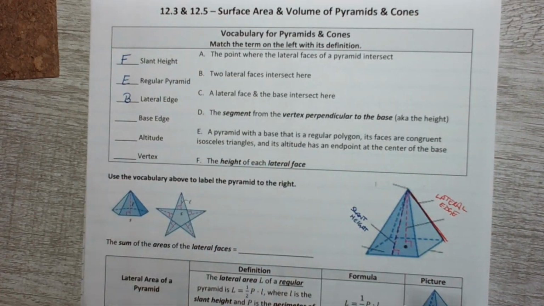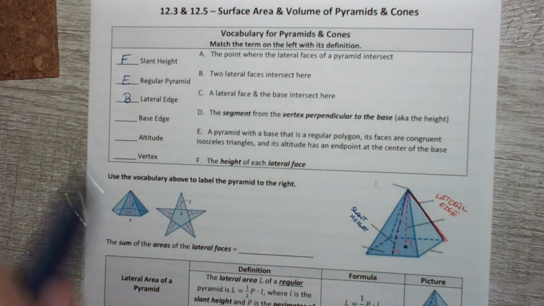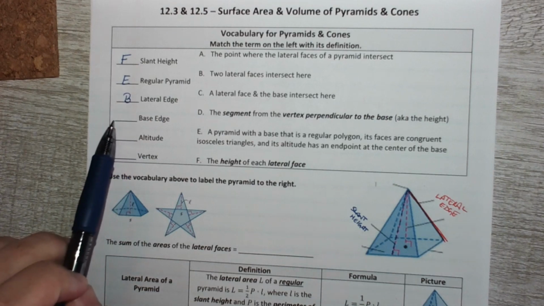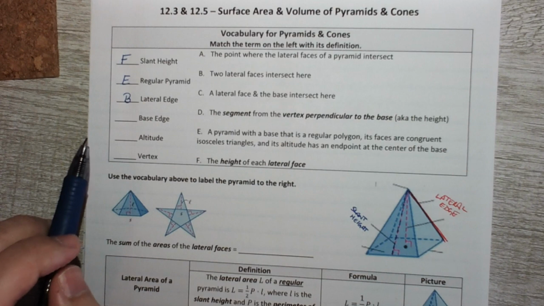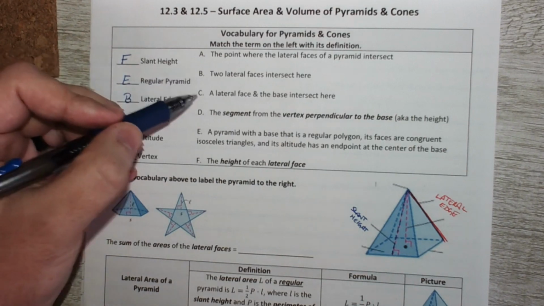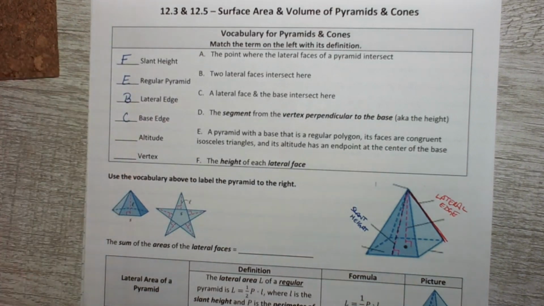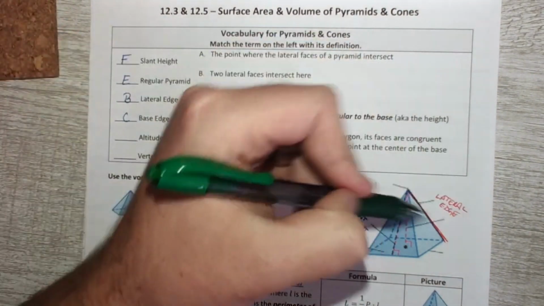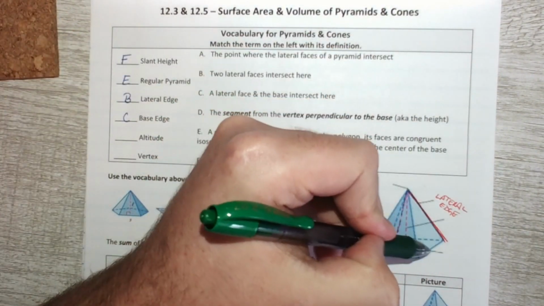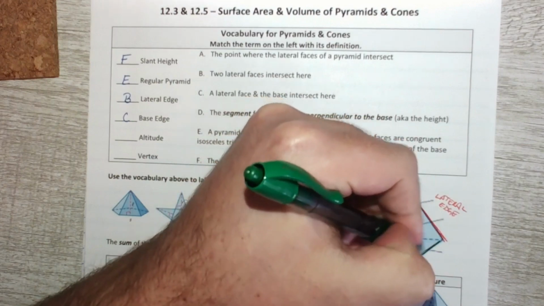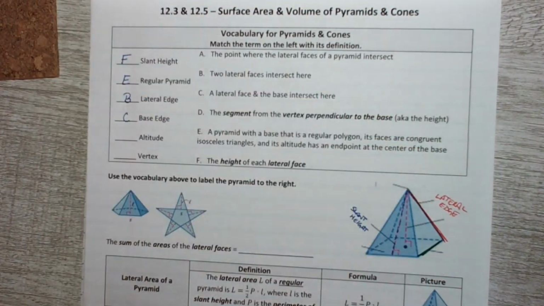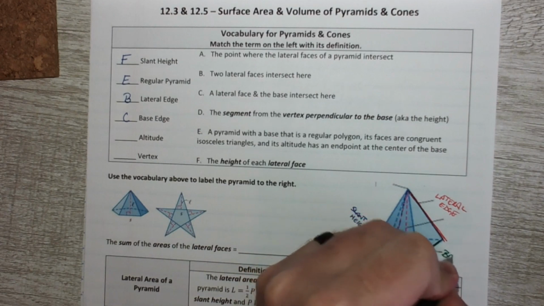Okay. And then a base edge, back up here. A base edge is going to be where a lateral face and the base intersect. So that is going to be option C. So in our diagram down here, we have where a triangle and the base intersect each other, where they meet. I'll use green here. We'll call this a base edge.